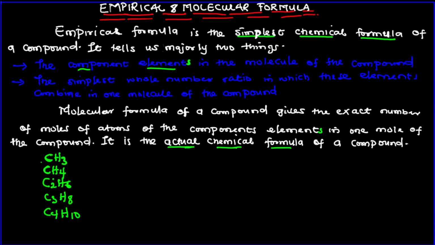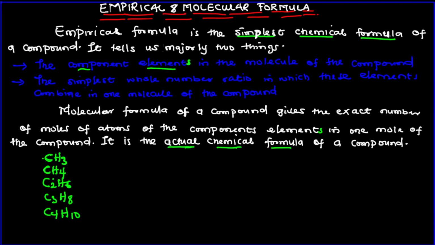Now, looking at these, which one of them can we term an empirical formula or a molecular formula? There are some of them here that we cannot say are empirical formulas. So how do we know this? Remember, I said that empirical formula shows us the component elements in the molecule of the compound. Molecular formula also shows us that.